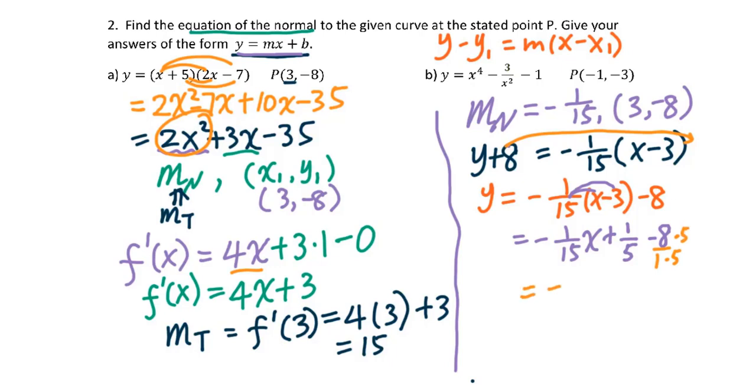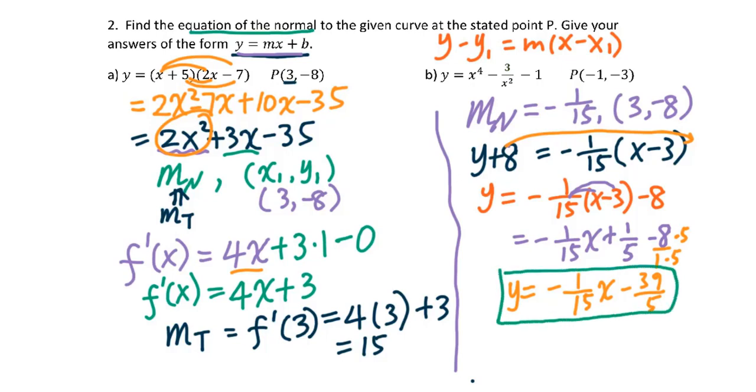We simplify, and you will get y equals negative 1 over 15x minus 39 over 5. This will be the equation of a normal line at x equals 3.